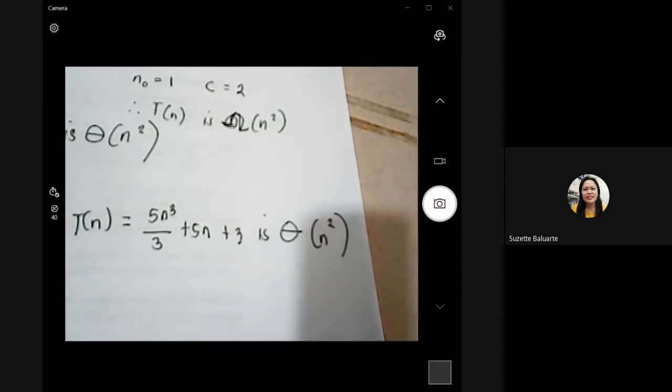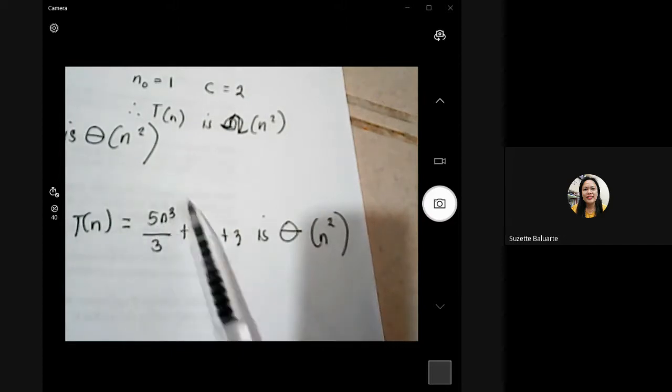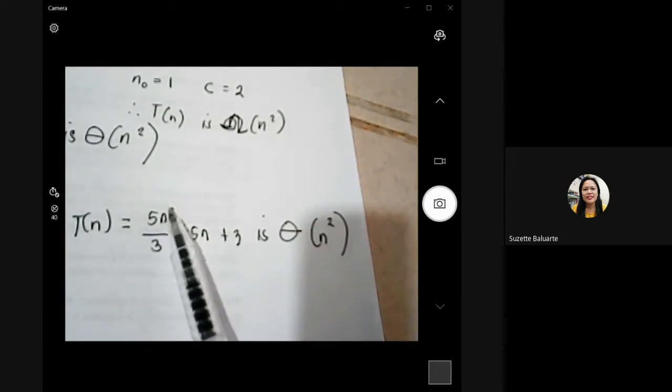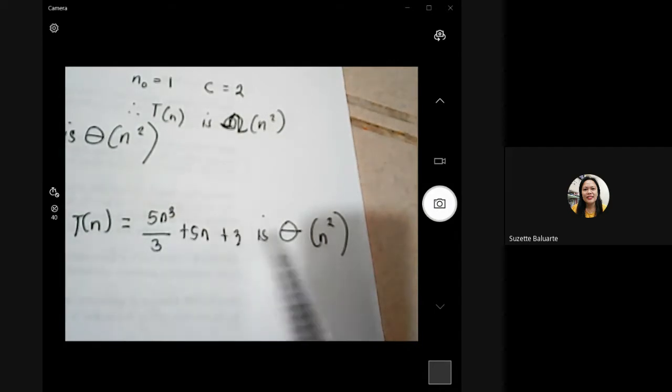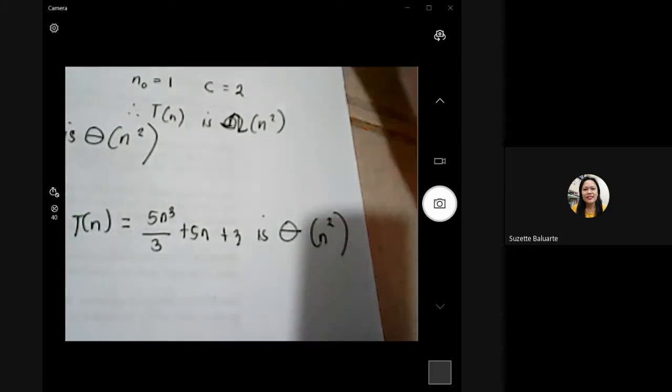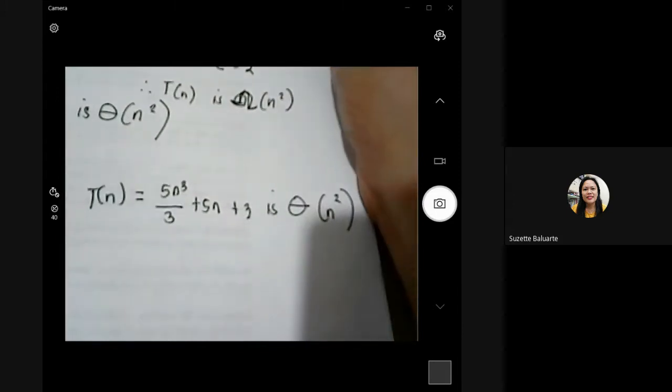Okay? So, tanawa na siya ha. Parihaan na. Mag-judge din ka. Oy, big ko ani siya, big omega kay n squared. N cube niya, n squared. Oy, dili, i-test jud ni mo siya kung big omega bagod siya. Kung makakita ba ka sa C niya.